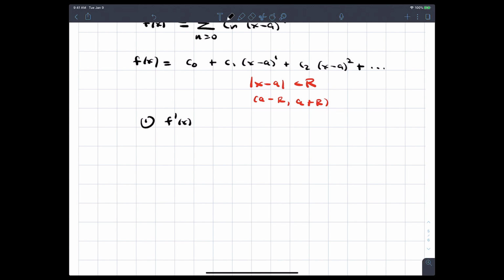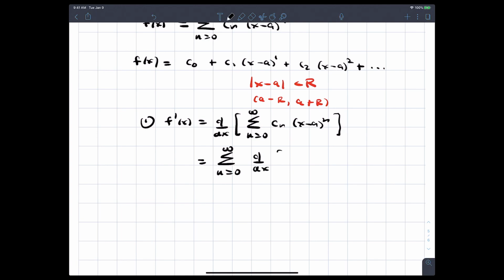F prime of x is d dx of the summation n is 0 to infinity c sub n, x minus a to the n. Now, derivative of a sum is sum of derivatives. So I can put my derivative inside the summation.